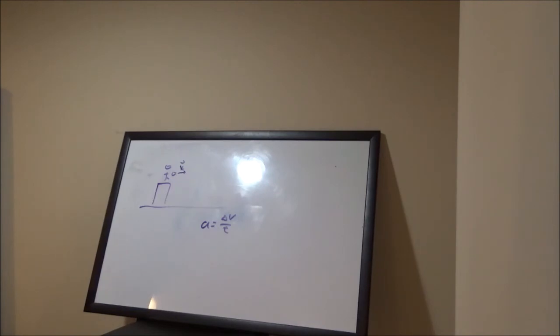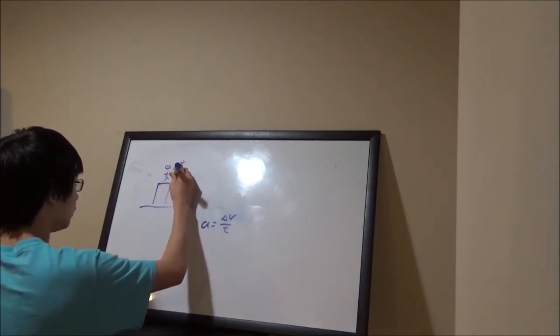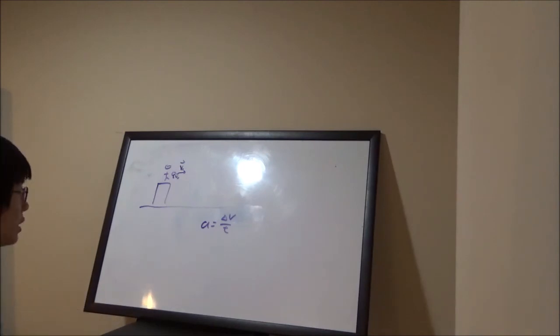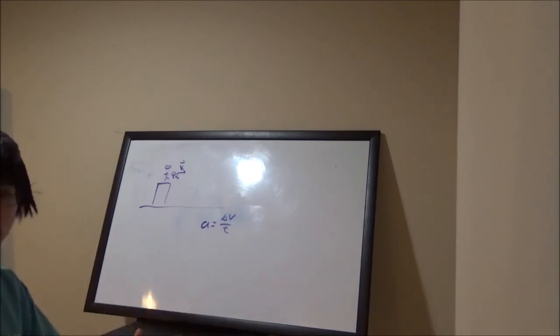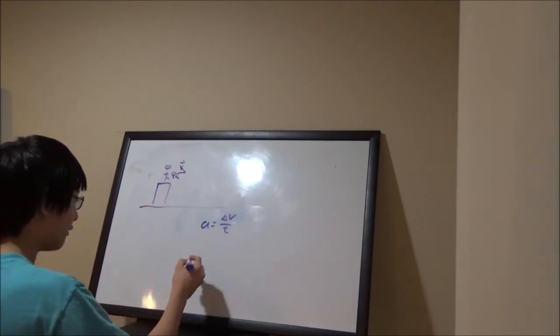Alright, what about the vertical component? Well, at first, the vertical component, which I'm going to call Vy, starts off as 0. The reason it's 0 is because when we threw it, we only gave it a horizontal push. We didn't apply any speed to it vertically. But it does change over time, because we have gravity acting on it.